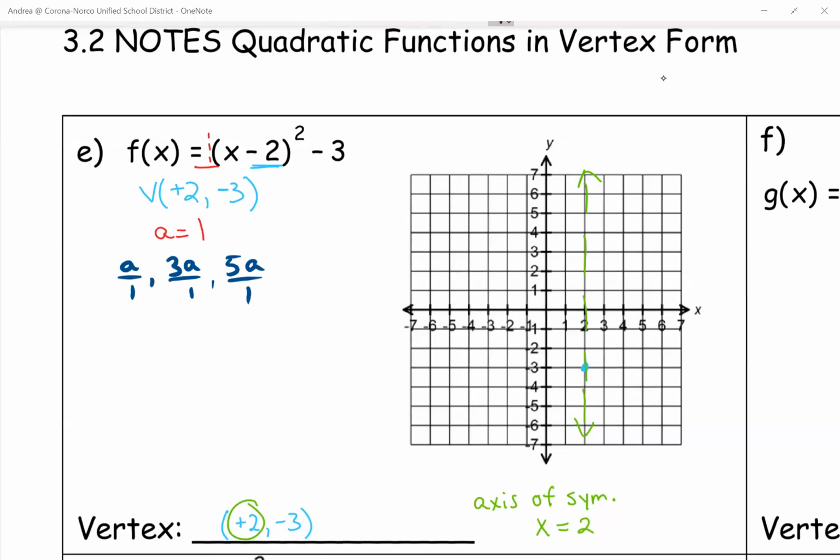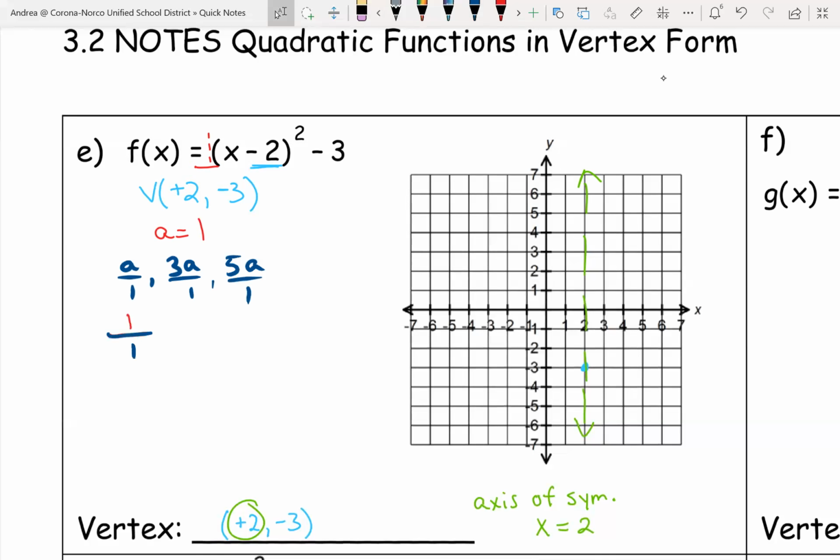It becomes 1 over 1, then 3 times 1 over 1, then 5 times 1 over 1.